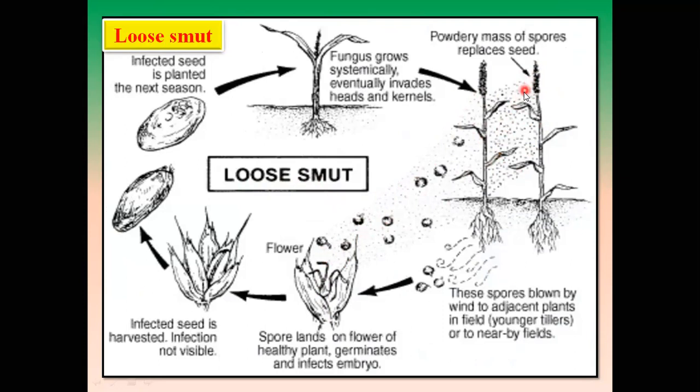Means these spores deposit directly on the flowers. These flowers, the spikelets, are totally converted into smut sori. Means these infected flowers cannot develop seeds. The infected flowers produce smut spores.